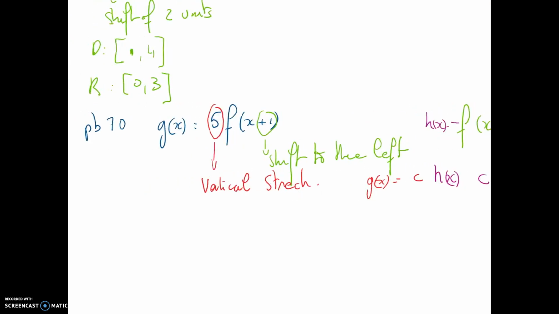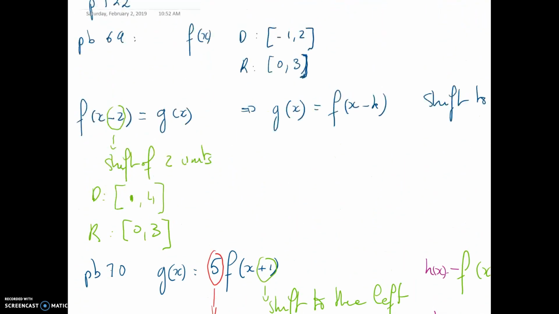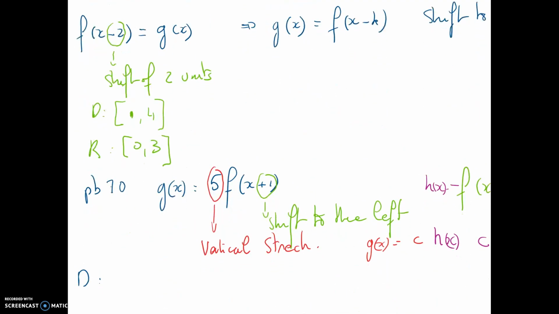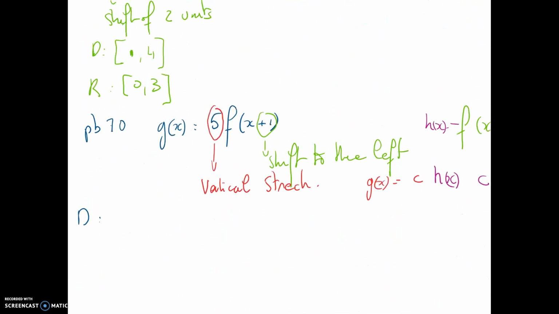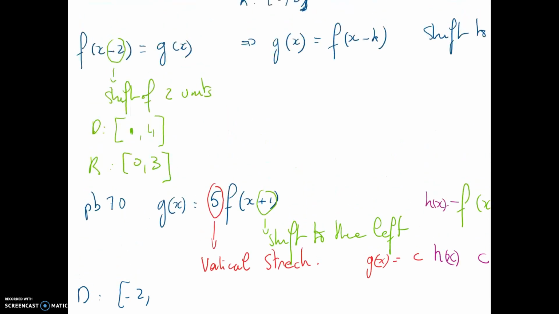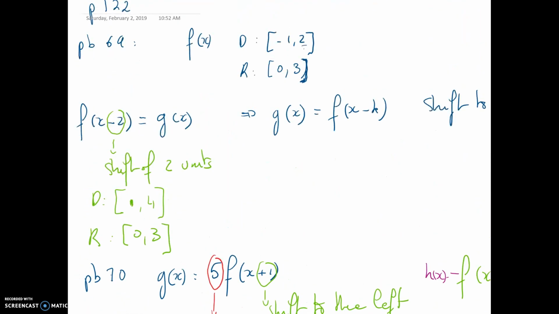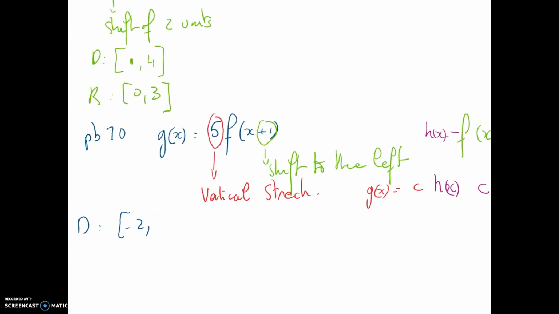So my domain for f of x plus 1, for g of x, is going to be: the -1 moves to the left, so -1 minus 1 goes to -2, and the other value, 2, because I'm moving 1 unit to the left, becomes 1.